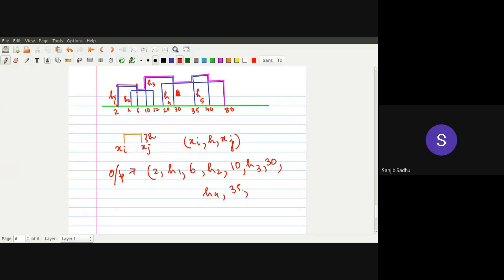Then after that H5. Then 40. Then it will be H4. And then 80. Clear? In this way, this will be the output.